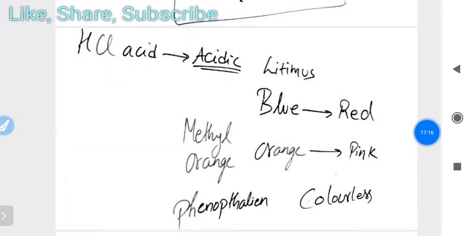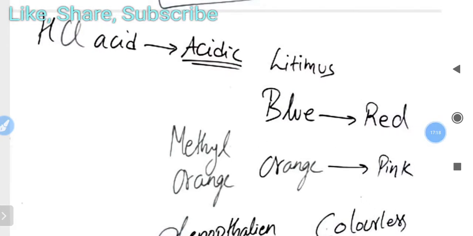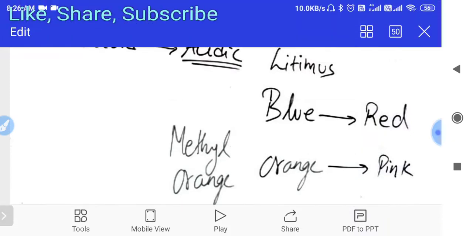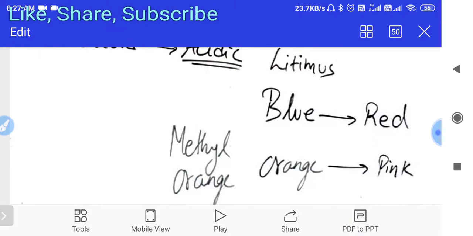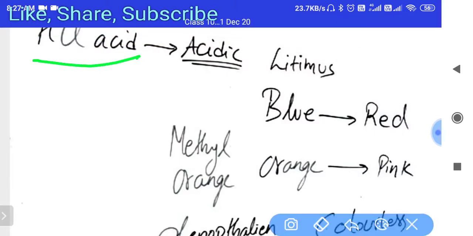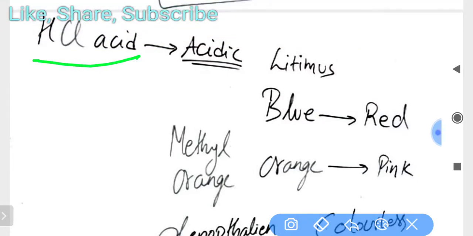This is something you already read in your acids and bases chapter, but just for recalling: HCl is acidic and it turns litmus paper from blue to red.